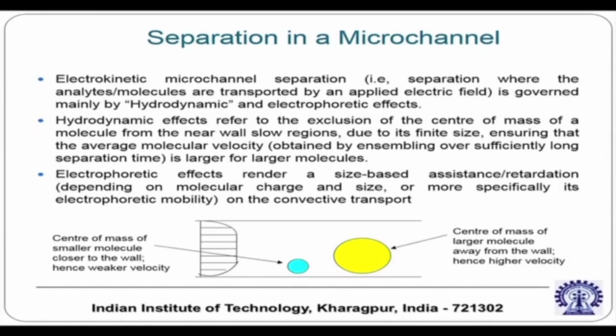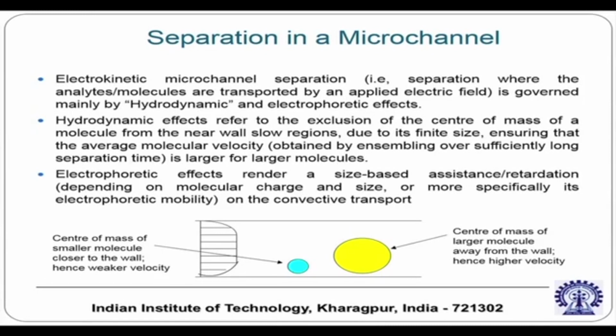Now in addition to that, in an electrokinetic separation you will have the hydrodynamic and the electrophoretic effects. I have discussed hydrodynamic interactions, and hydrodynamic interactions in a confinement are different from hydrodynamic interactions at a bulk scale. So hydrodynamic interaction will influence the flow field.